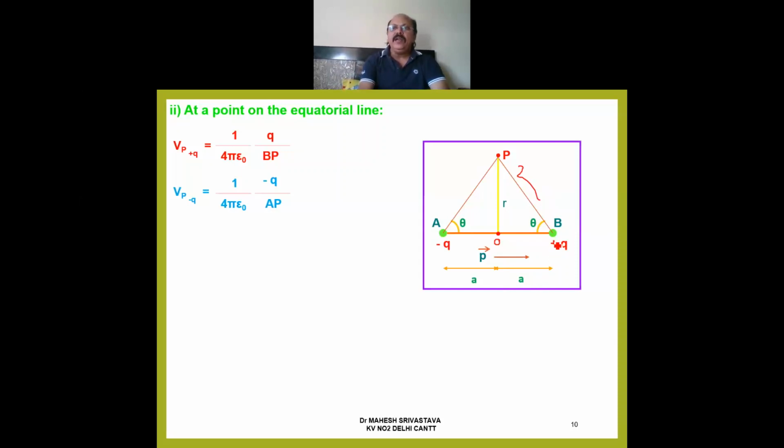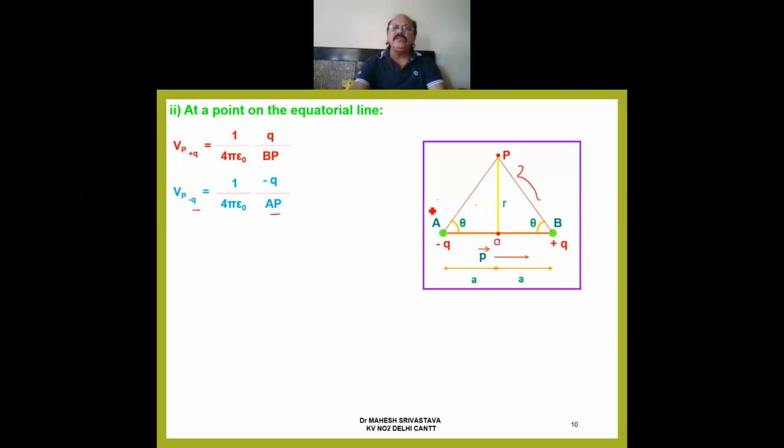So electric potential at P due to plus q charge is 1 upon 4 pi epsilon naught Q upon distance, that is BP. Similarly, electric potential at P due to minus q charge, that is 1 upon 4 pi epsilon naught minus q upon AP, distance from minus q charge to the point P. Then you see that from the diagram, BP equal to AP.